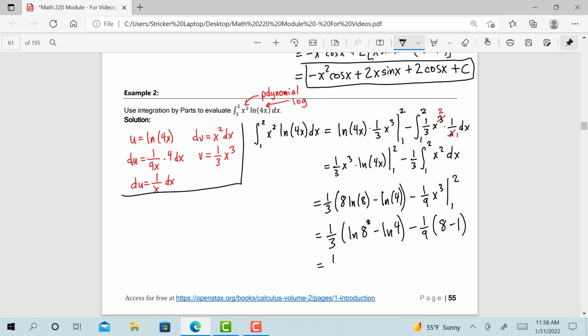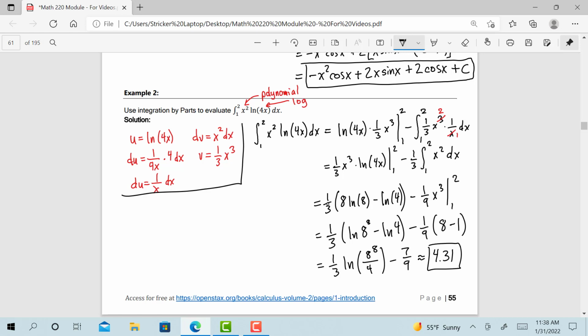So this is 1/3 times the natural log of 8 to the 8th power over 4, minus 8 minus 1 is 7, minus 7/9. This is about, do the calculation here, it's about 4.31. All right. And that's going to cover it for example 2.